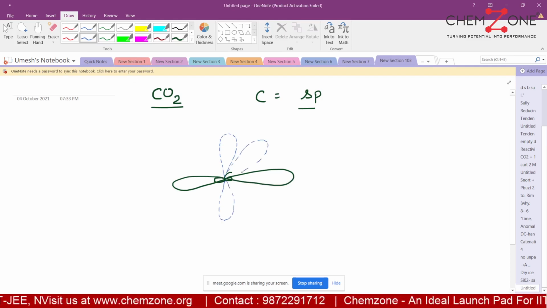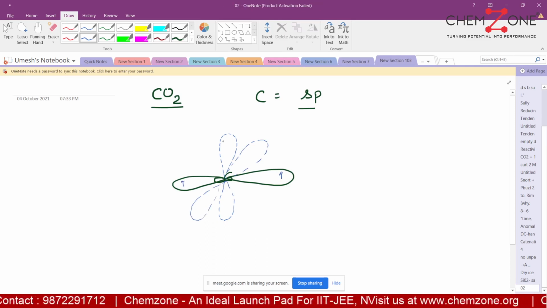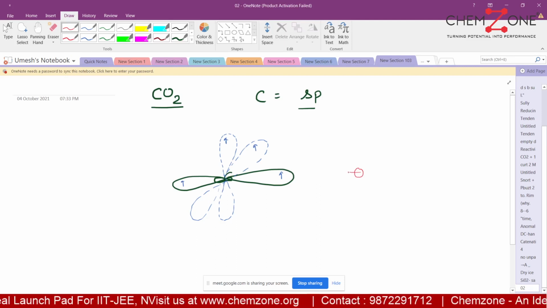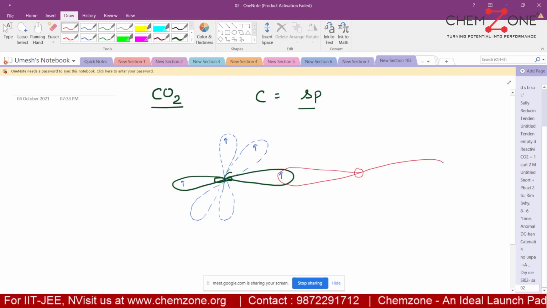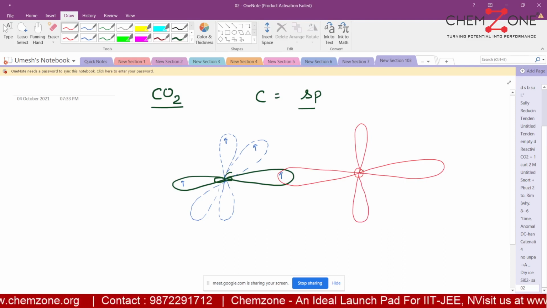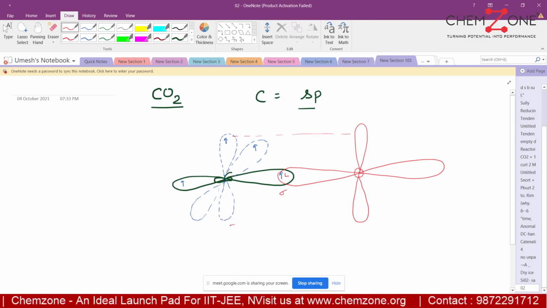And these are the two unhybridized orbitals of the 2p energy level. Oxygen has two unpaired electrons. With one, it will make a sigma bond. With the other, it will make a pi bond.